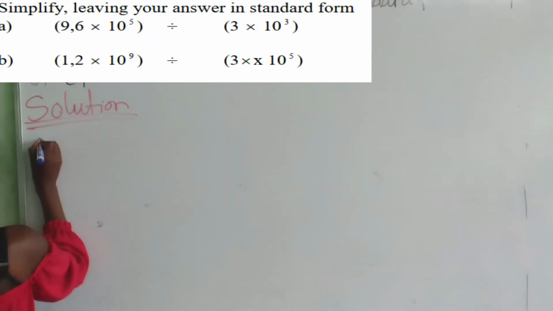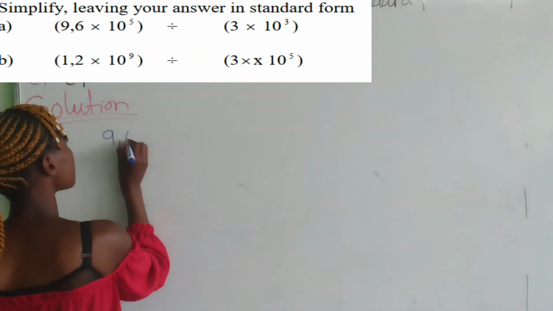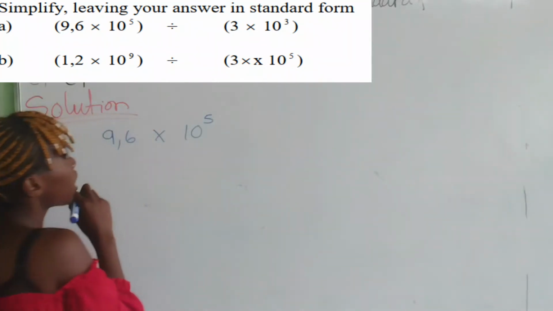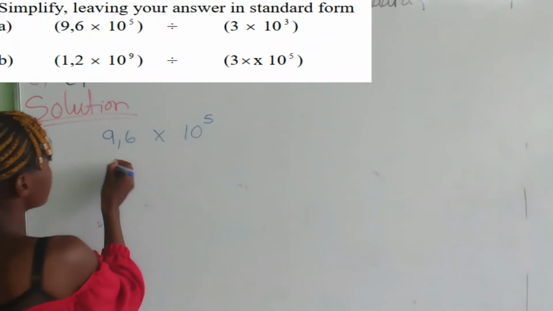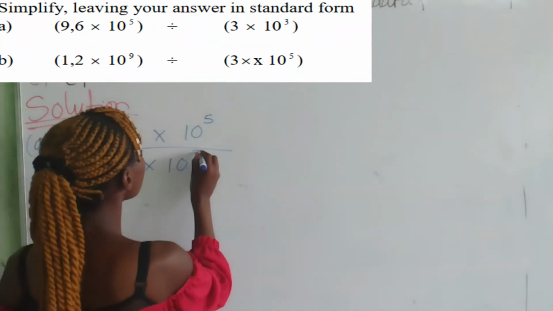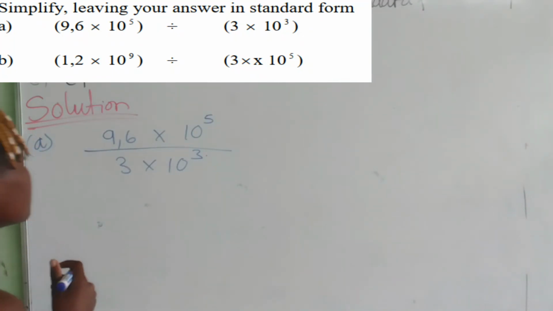For the first one, we're going to write it as it is: 9.6 times 10 to the power 5, divided by 3 times 10 to the power 3. Okay? So this is how it is.